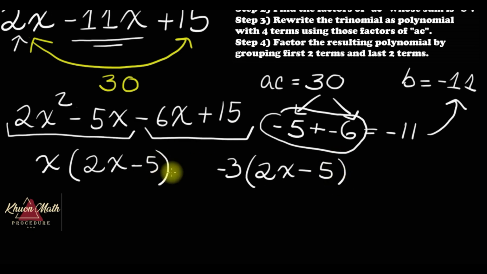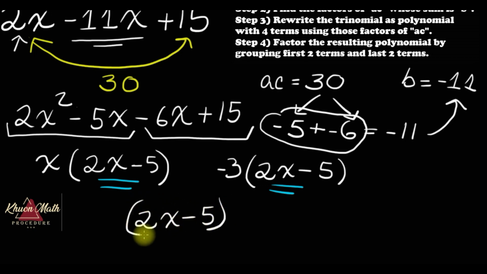Now, you can check if you're on the right track by looking at the binomial. Here we have 2x minus 5, and here we have 2x minus 5, so they're the same. You're good to go. Now to finish this up, we take out the binomial, which is your common factor, 2x minus 5.